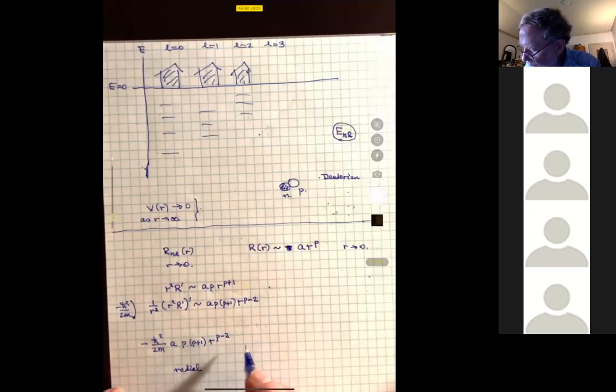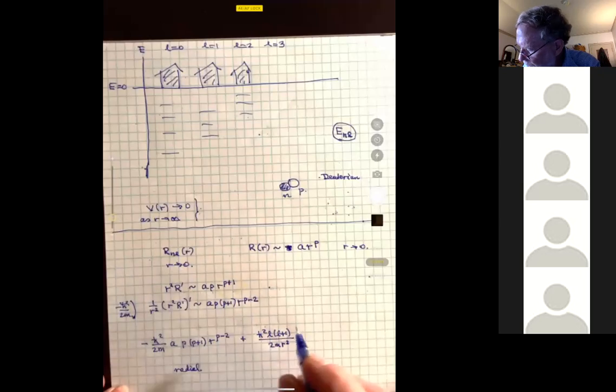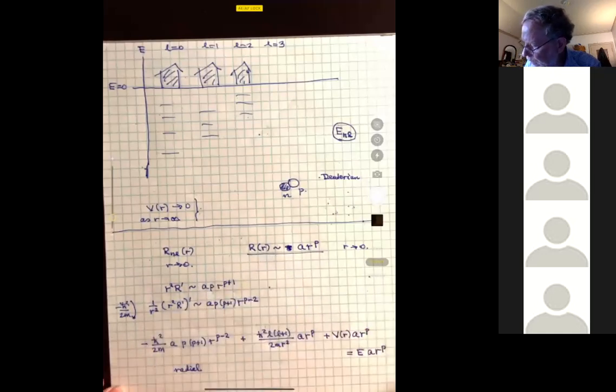Now then there's the centrifugal potential, which as I explained is also the angular part of the kinetic energy, and that's plus h bar squared times L times L plus 1 divided by 2m r squared times the radial wave function, which is A times r to the p. And then there's the potential energy V of r multiplied times A times r to the p, and that's equal to the total energy E times A times r to the p, where I'm just plugging in the leading form for the radial wave function.